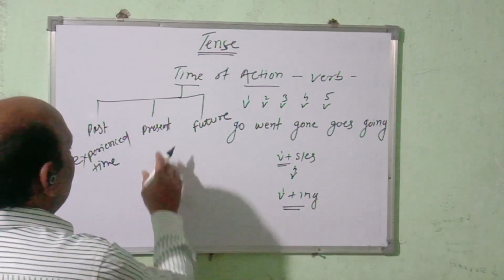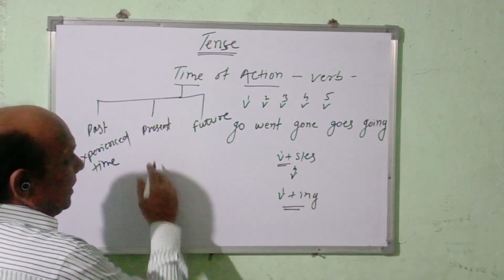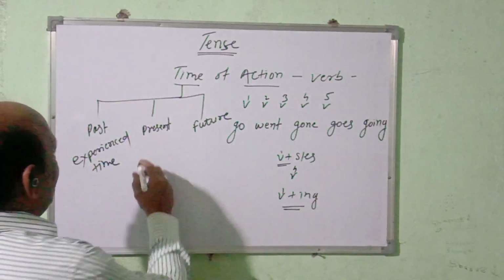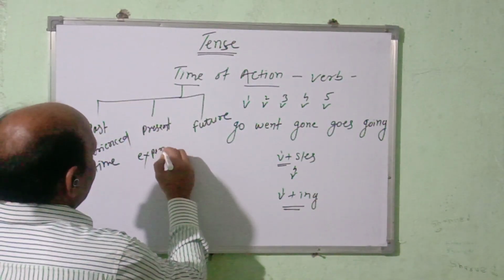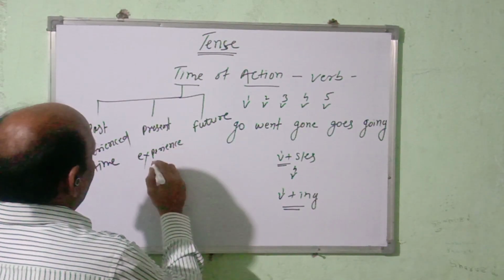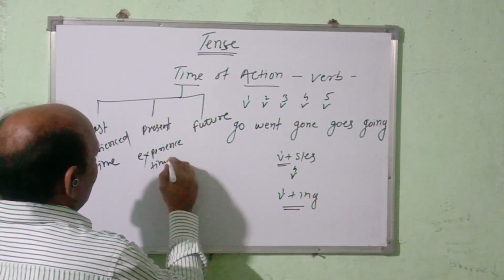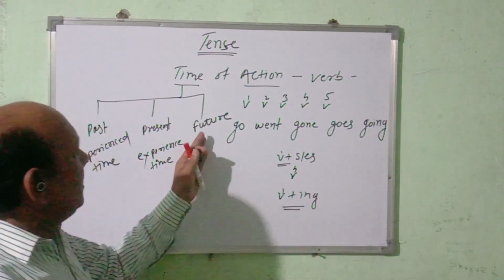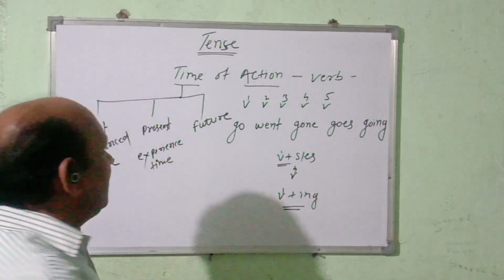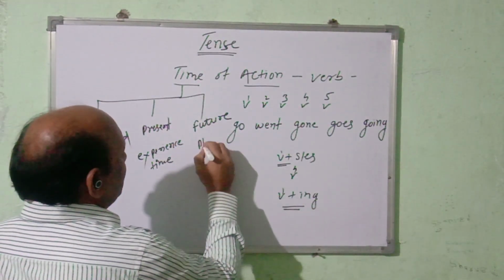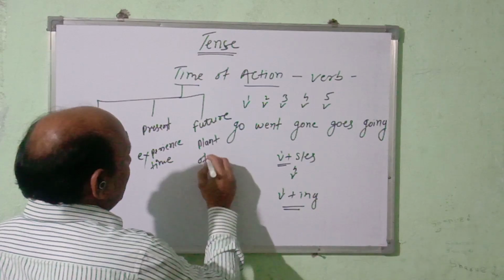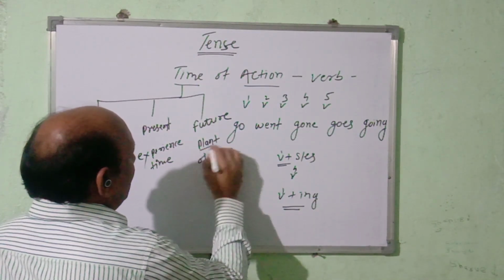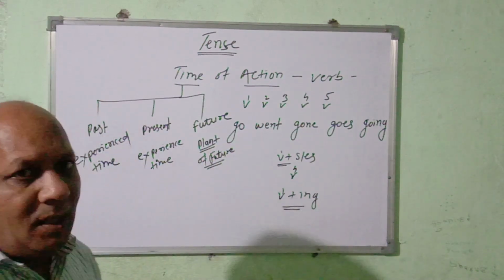When you are talking about the present tense, it is the experience period of time, the current situation. What about the future? That one is the plan of future. Which plan have we made for the upcoming event?